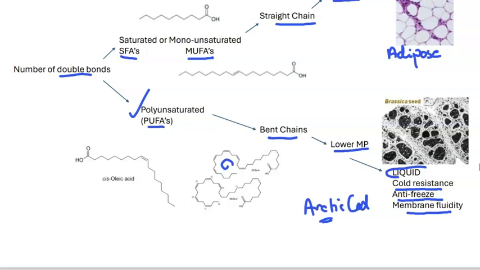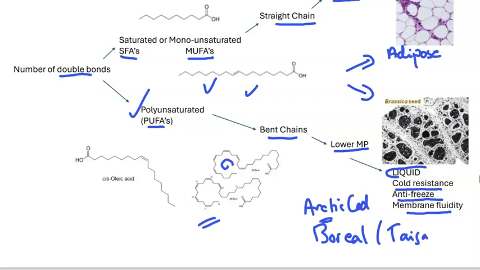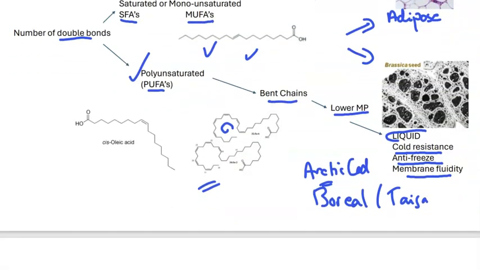And you also find this kind of lipid in the cytoplasm of trees growing up in the boreal forests or the taiga, to prevent freezing of the cytoplasm. So it's important that throughout all of your biochemistry that not only do you learn the chemistry and the structures, but you learn their applications in the biological context.